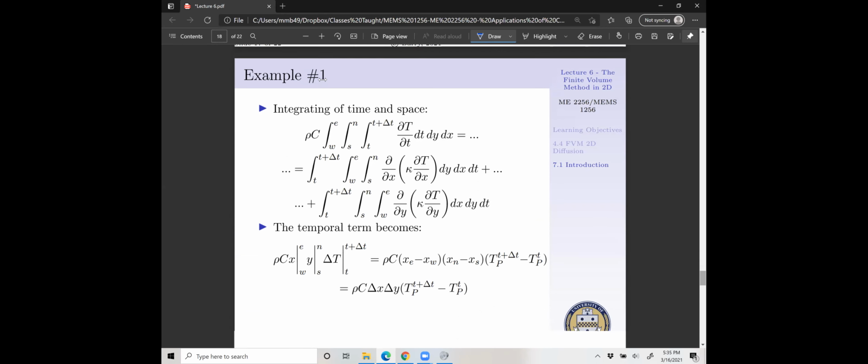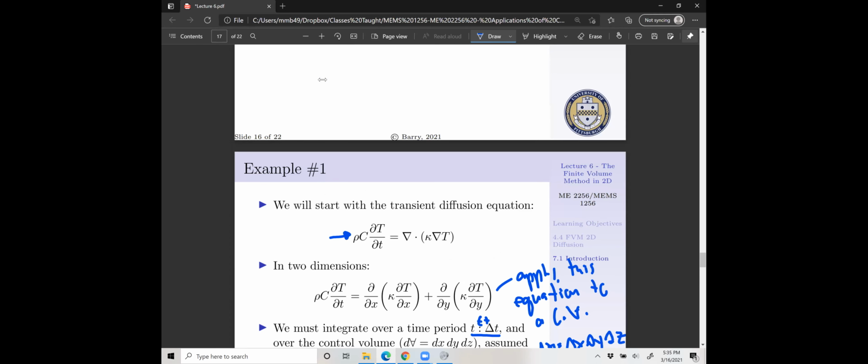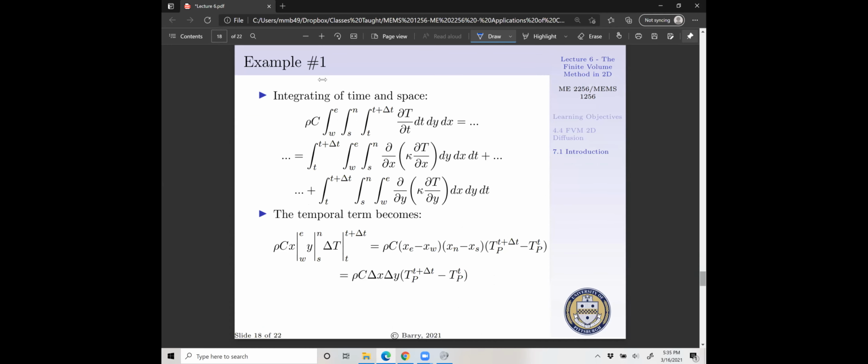So for us to start, let us take the left-hand side of our diffusion equation, rho c del T del t. Now recall, T is a function of our x location, our y location, and time. So that has to stay on the inside of our integrals. And rho and c, we're going to assume constant, so they can come outside our integrals. So we're going to have rho c.